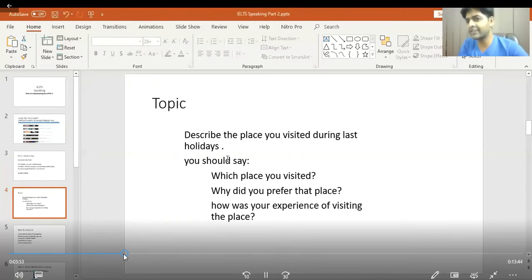So this is a sample of a student who was quite sure that he could speak for 3 minutes, but probably you noticed that he spoke for only 1 minute and 10 to 20 seconds. He was quite fluent, but there were a few problems with his speaking, and the first was that he was short of time. The topic was: describe the place you visited during the last holidays. This is the cue card you will receive.